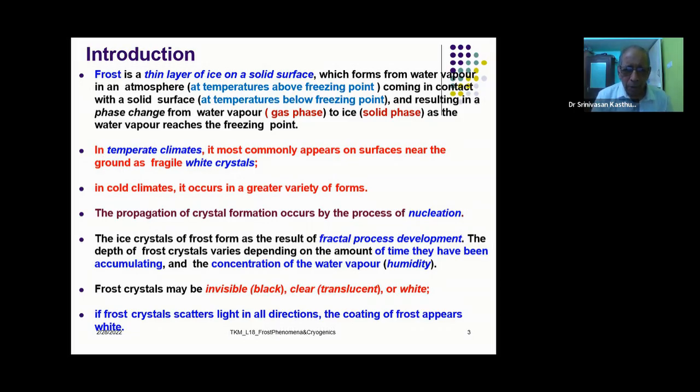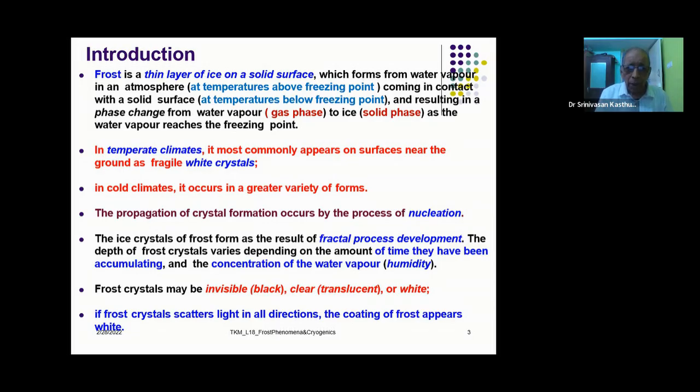Normally, this water vapor in the atmosphere is at a temperature above the normal freezing point of water, and it comes in contact with a solid surface. The solid surface should have a temperature below the freezing point of water. You know, the freezing point of water is 0 degrees centigrade. If the temperature of the solid surface is below the freezing point, this results in a phase change of water vapor.